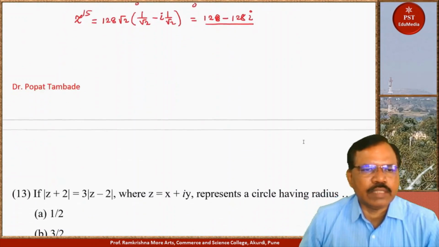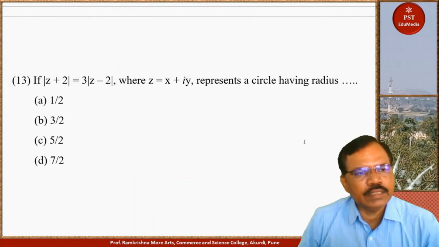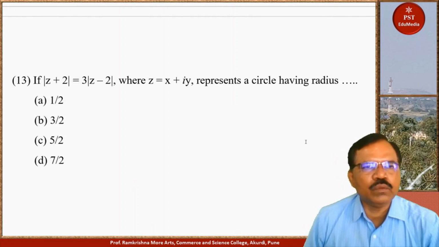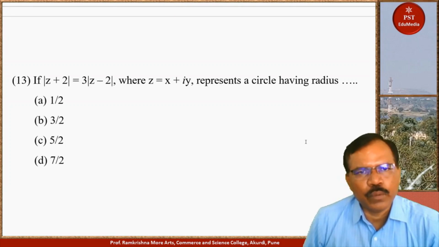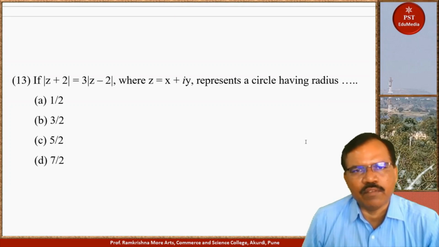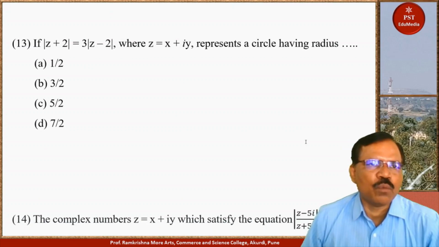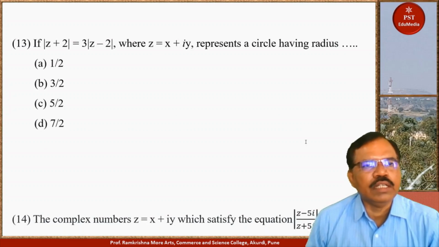Now we'll go to next one. If modulus of z plus 2 is equal to 3 times modulus of z minus 1, where z is equal to x plus iy, represents a circle having radius: a, 1 half; b, 3 by 2; c, 5 by 4; d, 7 by 2.